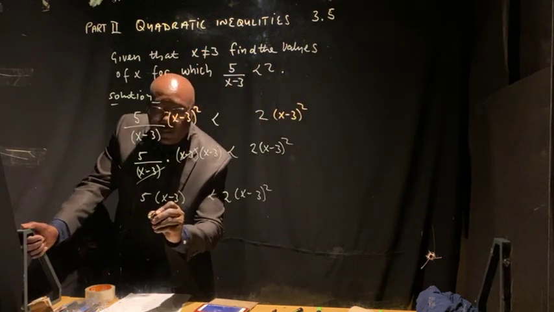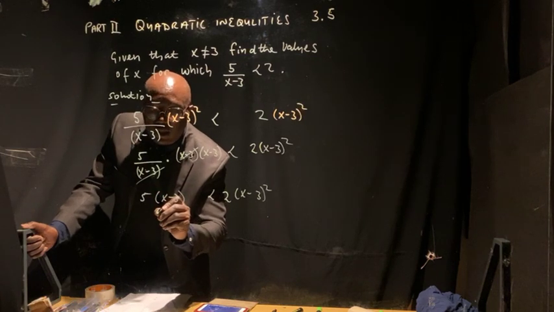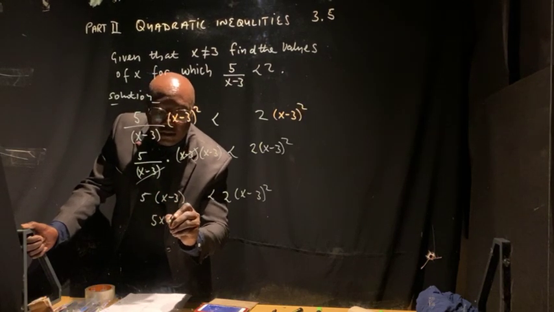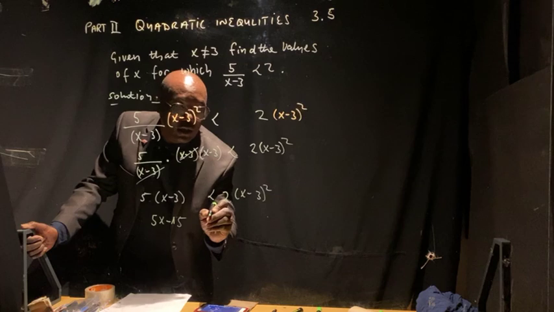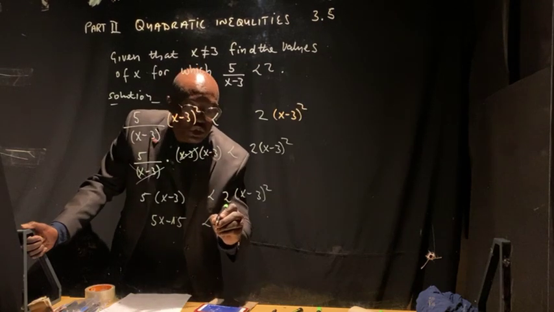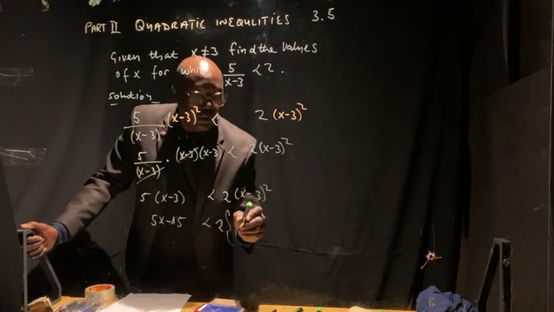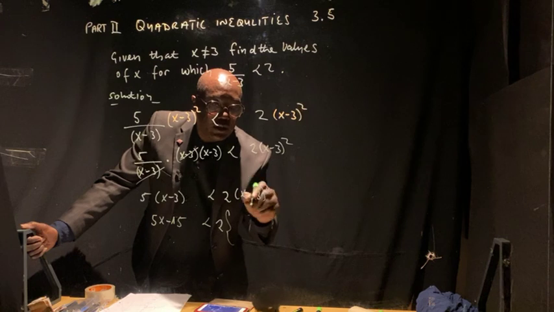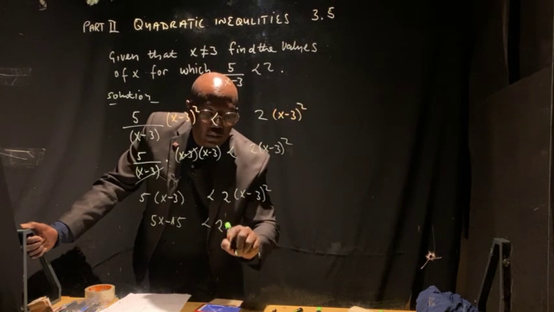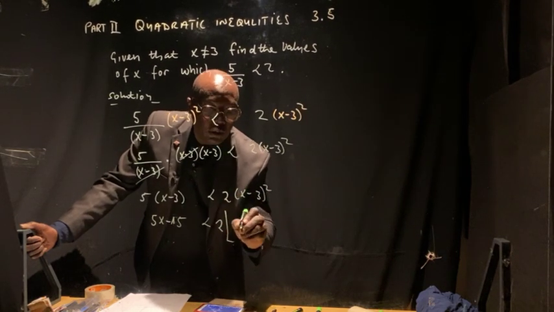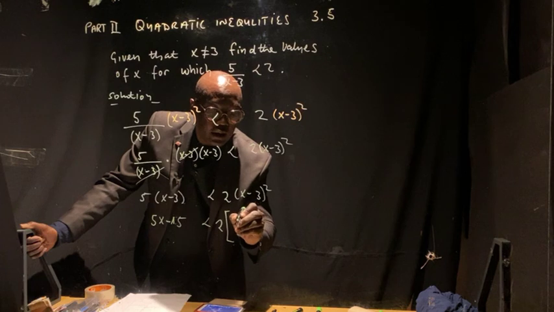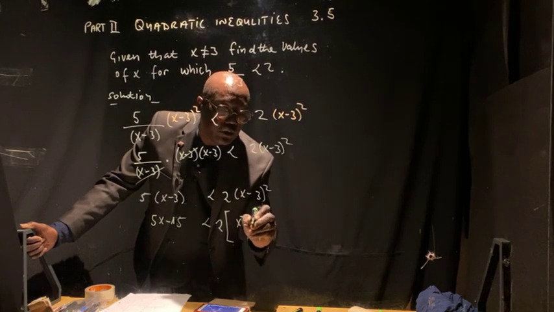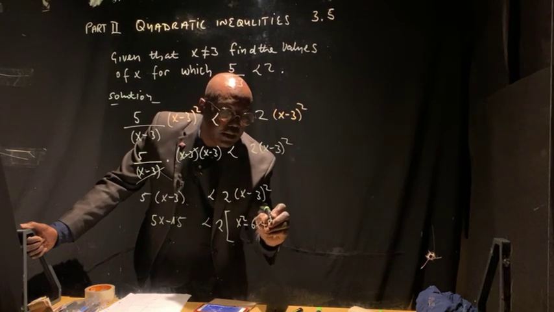We have 5x minus 15 is less than 2, expanding this one, x squared minus 6x plus 9.